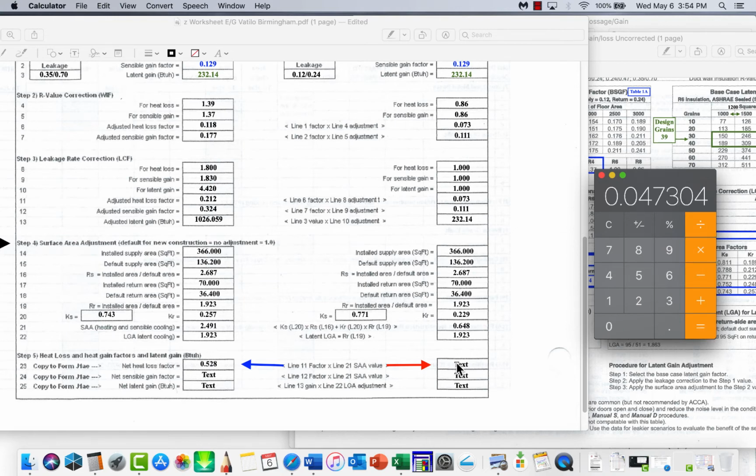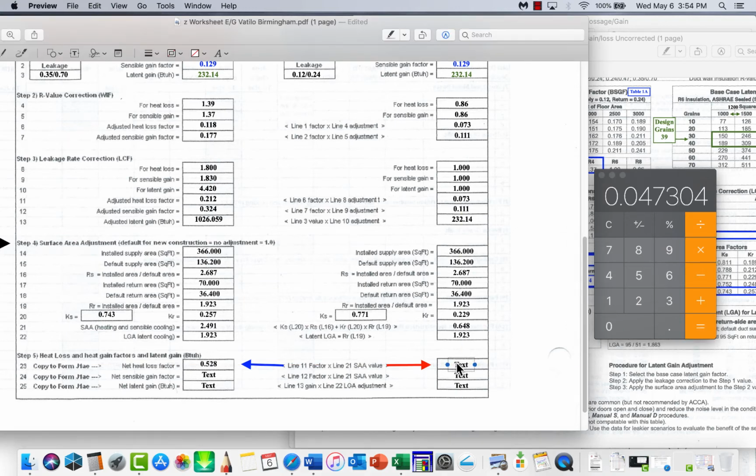And we get a much smaller number, 0.047. A much smaller number than this one. You can see how the corrected and the uncorrected, how this is actually starting to make a huge difference on what our total lossage will be from a sealed set of ductwork to unsealed.